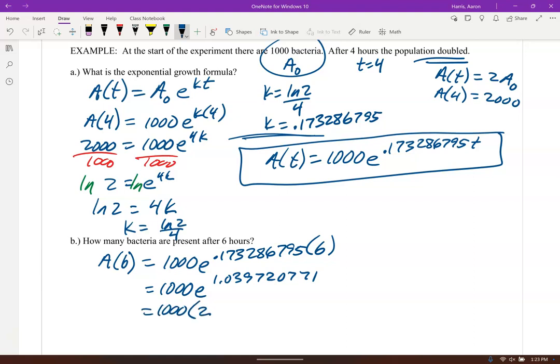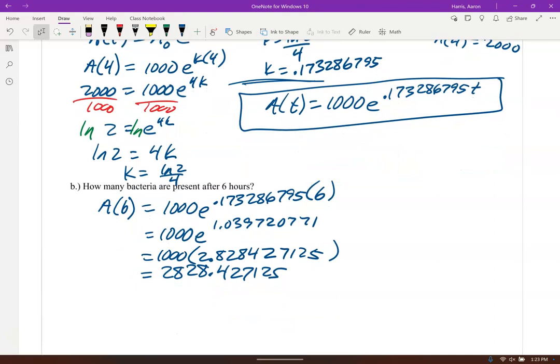And I get 2.828427125 blah blah blah, times it by 1,000. And we get 2828.427125, or round to the nearest bacteria cell, 2828.